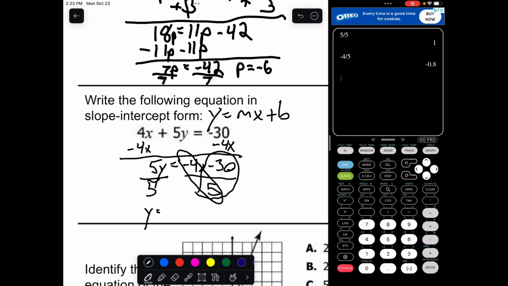I don't want a decimal. If I end up with a decimal, I'm just going to leave my answer as a fraction. Negative 4 over 5x. Negative 30 divided by 5. If you're not confident in your mental math, punch it in the calculator. Negative 30 divided by 5 equals negative 6, minus 6. So I have y equals negative 4 over 5x minus 6.